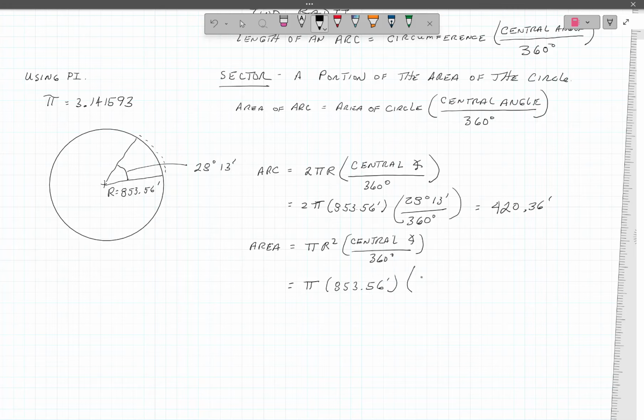Now we're going to go and do 28 degrees 13 minutes over 360 degrees, and if we're all said and done with this, we're going to get a number that is 179,400 feet squared.